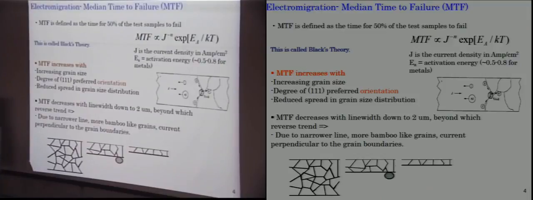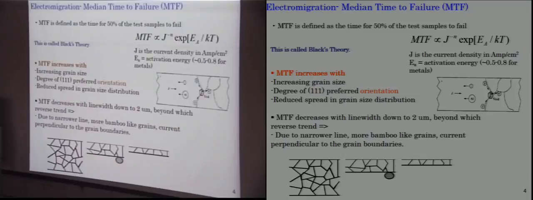So immediately you can see that as you increase your current density, the amount of failure should increase. So it should be faster and faster for the median time. So MTF will reduce. And of course, if you can make activation energy higher and higher, your MTF will increase.